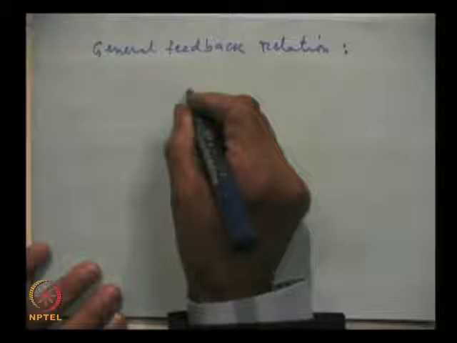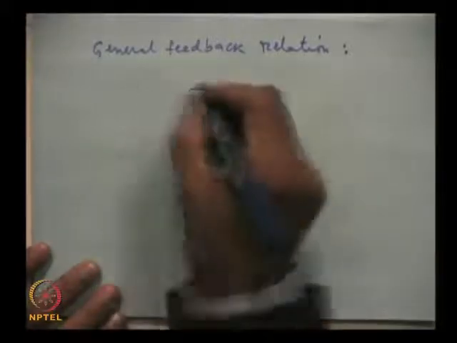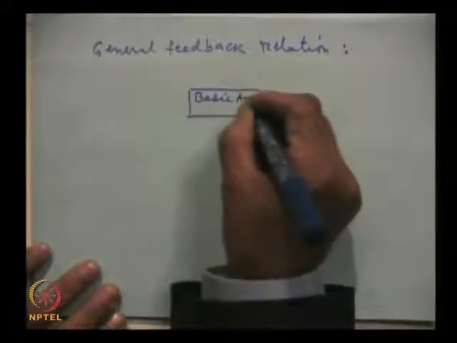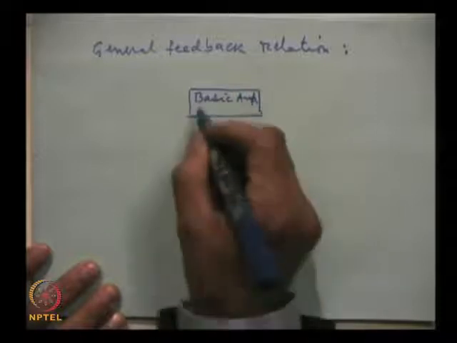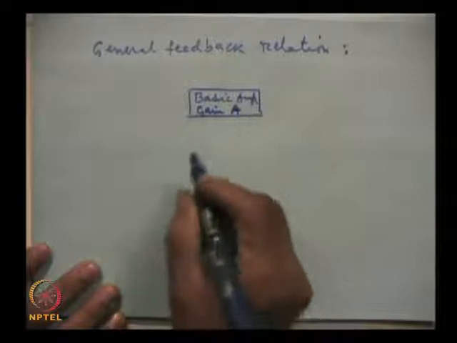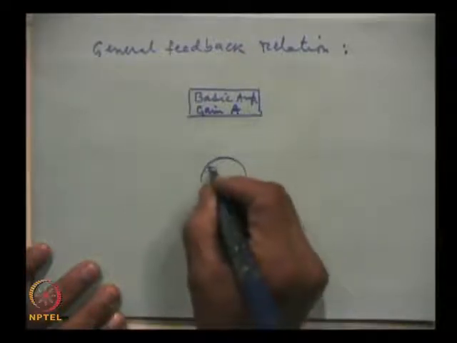Now the basic circuit is this: the basic amplifier having gain A, and this is the feedback network.